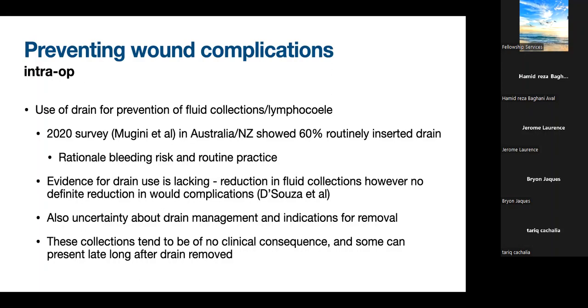The rationale reported in that questionnaire was mostly that they were worried about bleeding risk. So patients who were on antiplatelet agents or anticoagulation, patients with multiple comorbidities, really obese patients, they were mostly worried about bleeding, or it was just part of their routine practice. So it was interesting that there was quite a large number that used drains routinely.